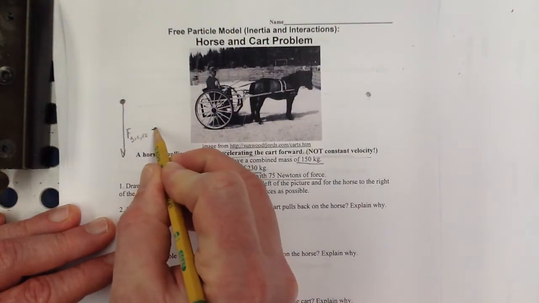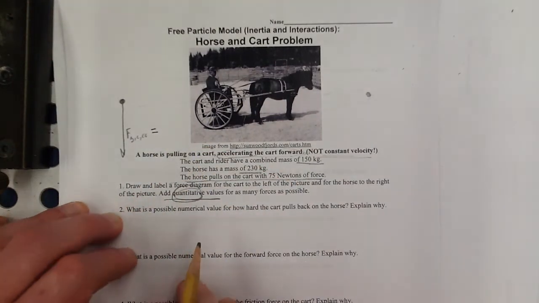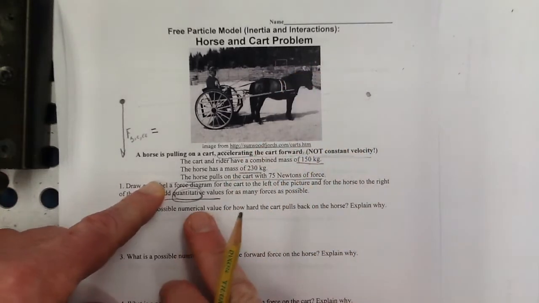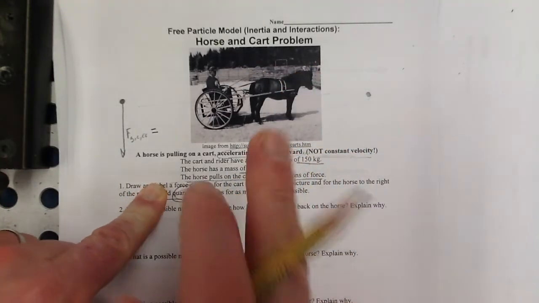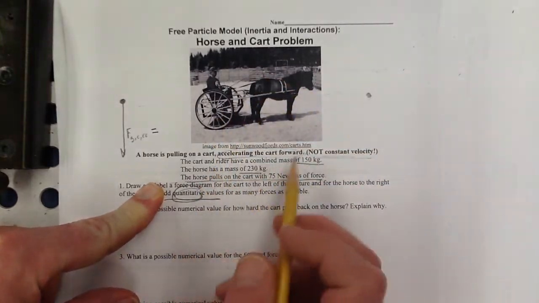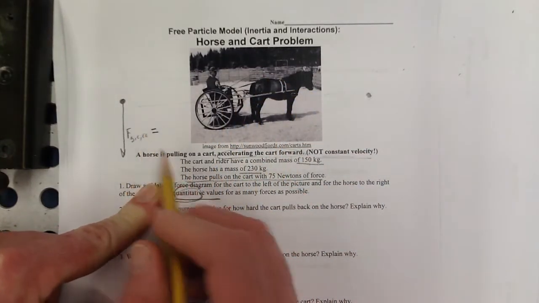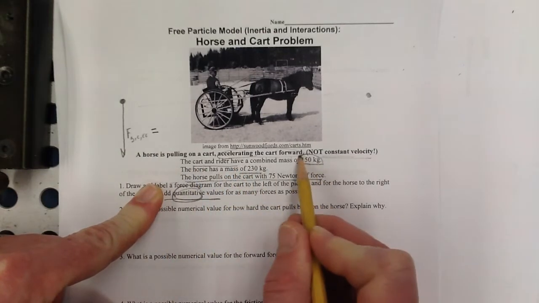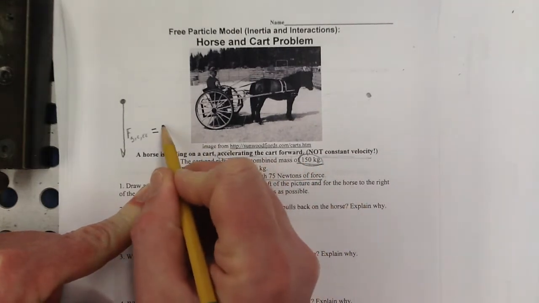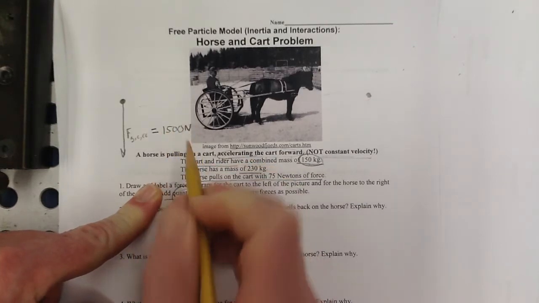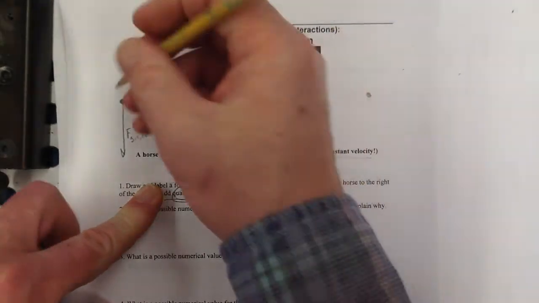And now I can say that is equal to, remember, the force of gravity is, for the cart and rider, we take the mass and we multiply by 10. And units of force are newtons.